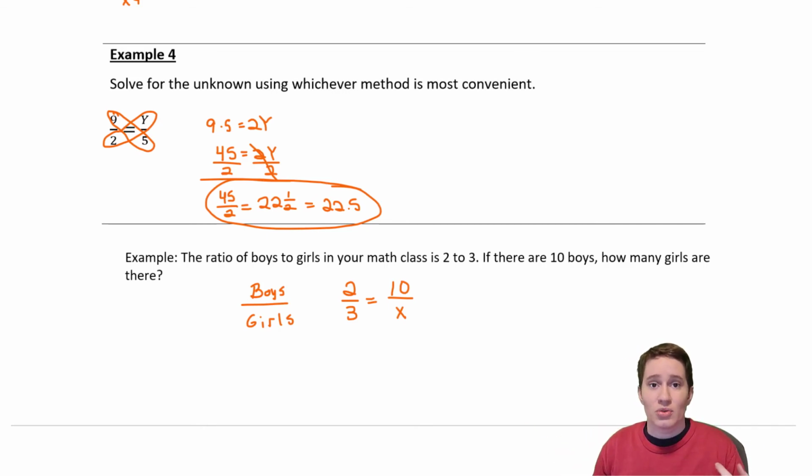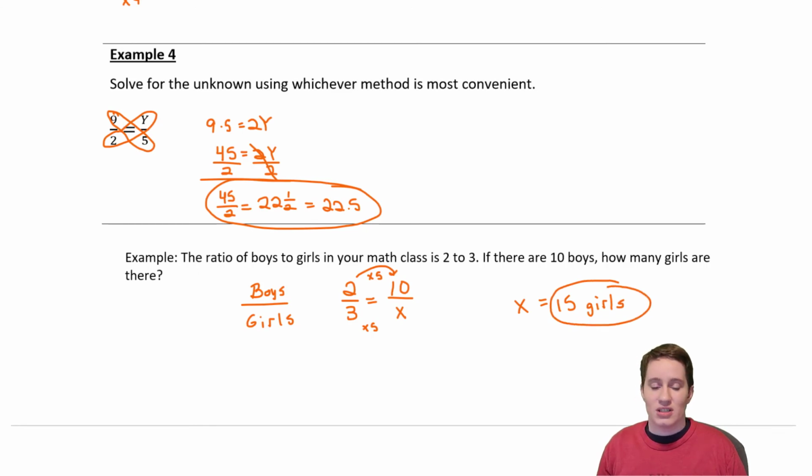We can cross multiply, or we can see if there's a relationship we can figure out. Here, this would be that 2 times 5 is 10. So 3 times 5 would give us 15. That means that x equals 15. And since it's a word problem, we take a moment to say, what did we just find? So we found how many girls there are, so our answer is 15 girls.